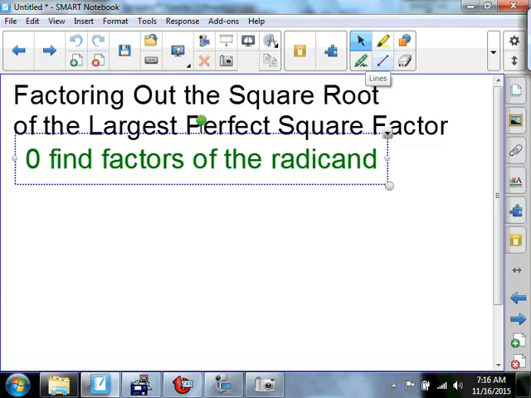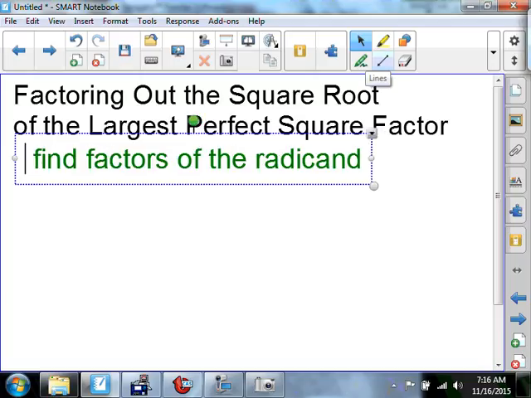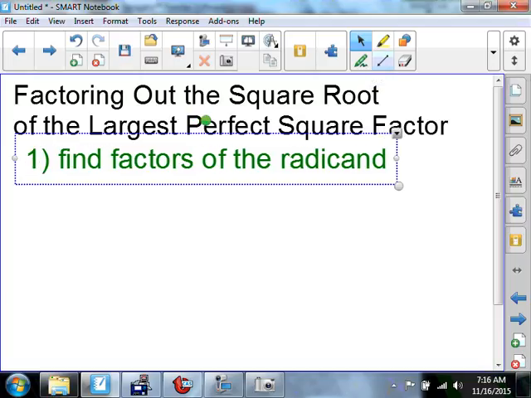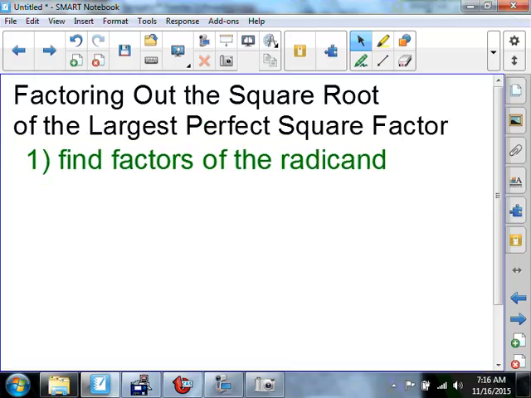So the first thing you got to do is find factors of the radicand. Now, you don't just find any old factors. Be sure to look for perfect square factors.